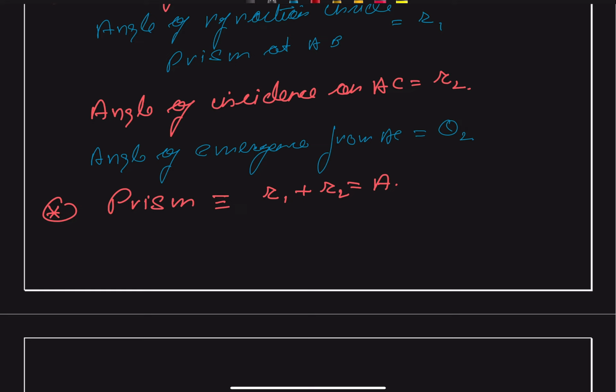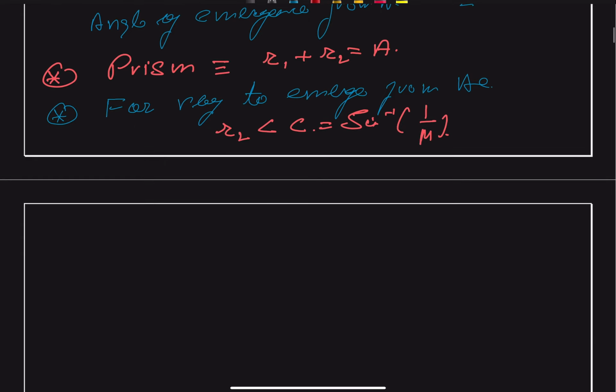Now it is said that the ray should be emerging from the face AC, and under this condition our R2 should be less than the critical angle, theta C. So for the ray to emerge from AC, R2 should be less than the critical angle, and the critical angle we know is sine inverse of 1 upon mu.